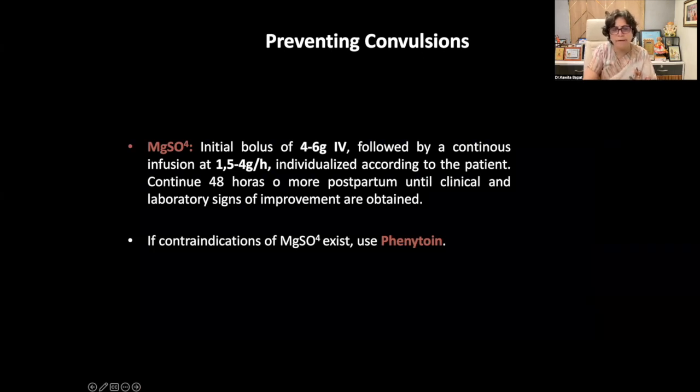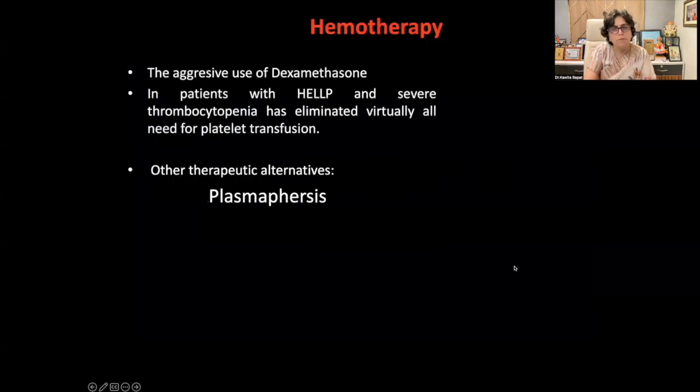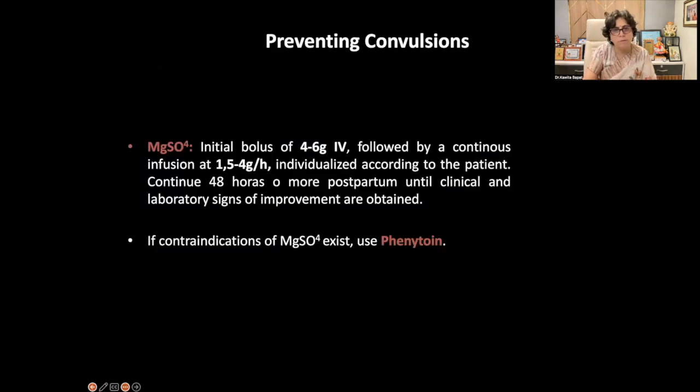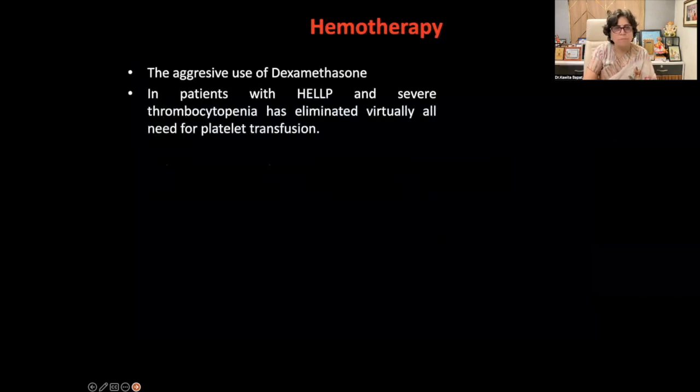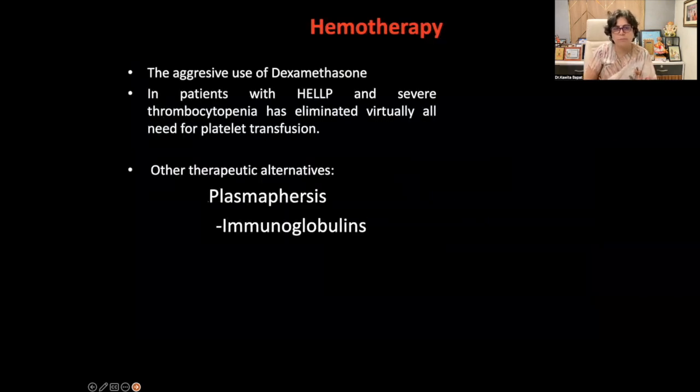In case of contraindication for magnesium sulfate, use phenytoin. Then corticosteroids: aggressive use of dexamethasone in HELLP syndrome with severe thrombocytopenia has eliminated virtually all need for platelet transfusion. Other therapeutic alternatives are plasmapheresis and immunoglobulins.